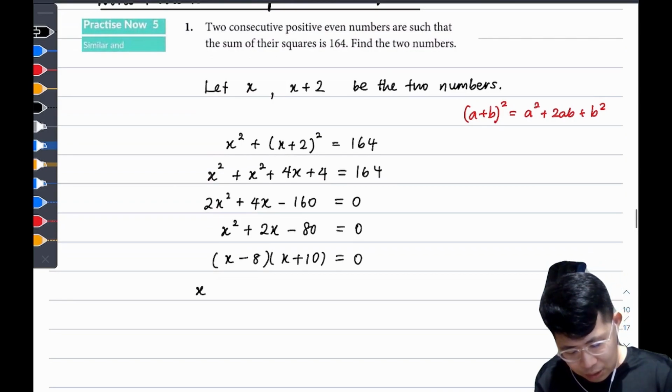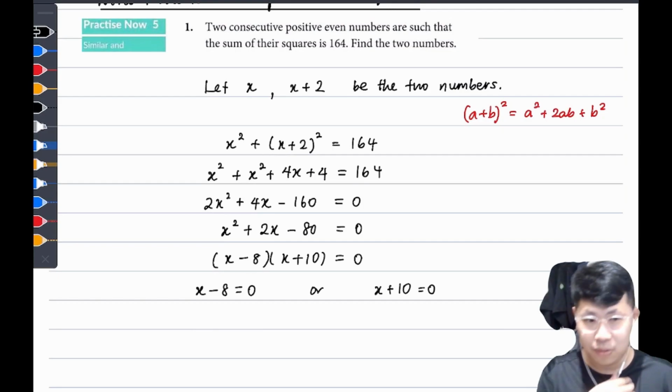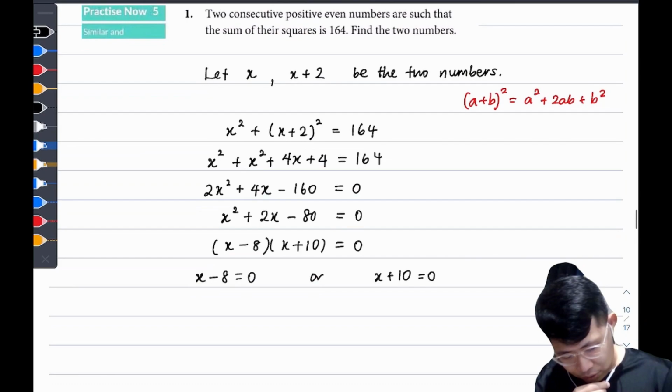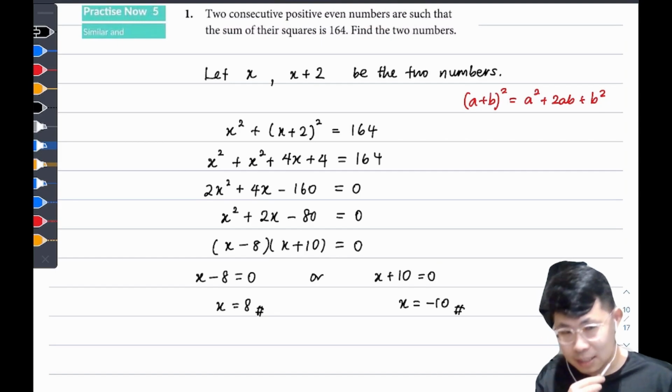Then using how we solved last time, x minus 8 equals 0, or x plus 10 equals 0. So what we have is x equals 8 as our first answer, and x equals negative 10 as our second answer.